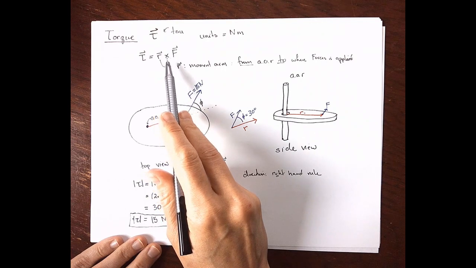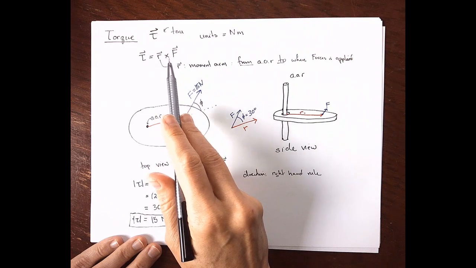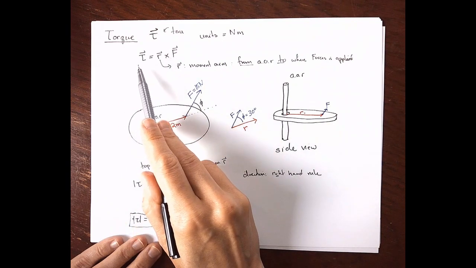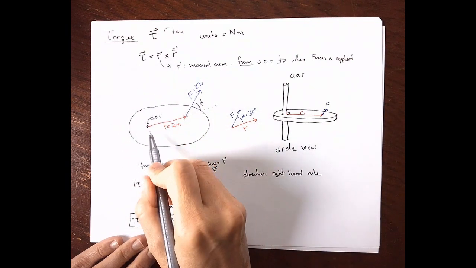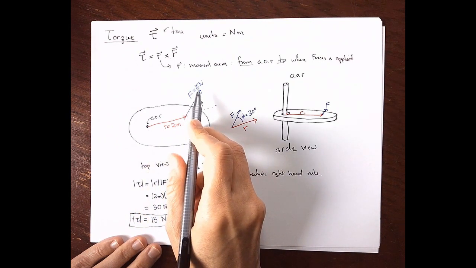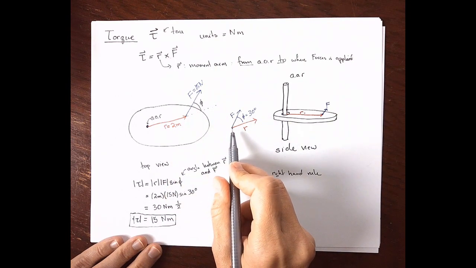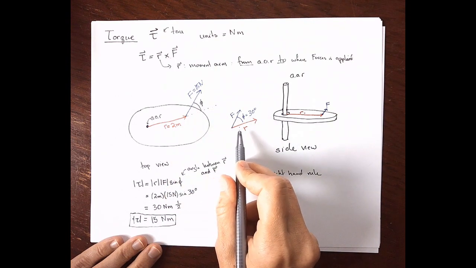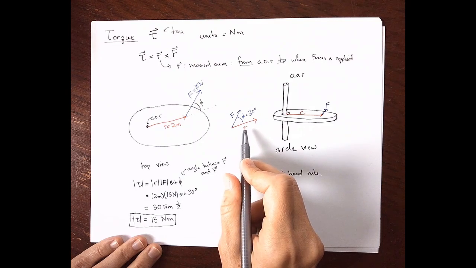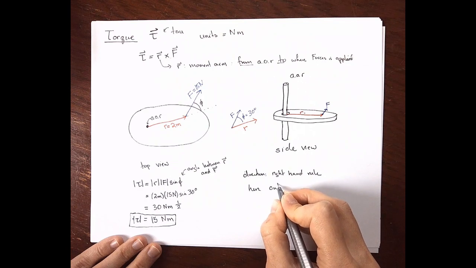Then we rotate our hand so we can curl our fingers towards the direction of force, and our thumb will point in the direction of the resulting torque. So looking at this, we have our moment arm points out like that, our force points out like that, or we could do it here where both the moment arm and the force are starting from the same location. And what we would get is this would be here, this would be out of the page.